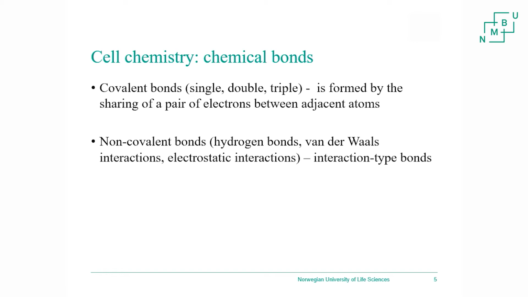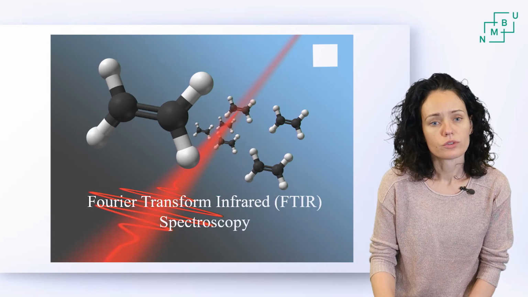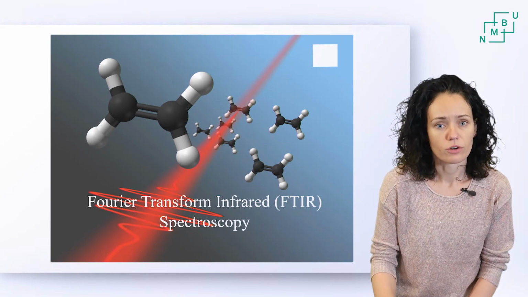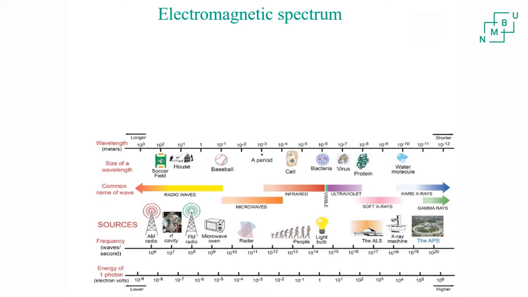Covalent bonds, which could be single, double or triple bonds, are formed by the sharing of a pair of electrons between adjacent atoms. Non-covalent bonds, as for example hydrogen bonds, van der Waals interactions, electrostatic interactions, are so-called interaction type bonds. So now slowly I will move to the introduction of Fourier transform infrared spectroscopy.